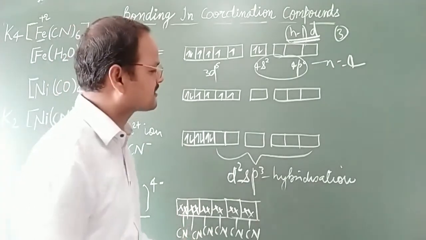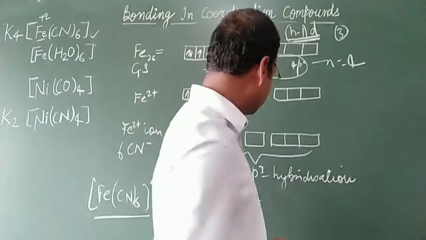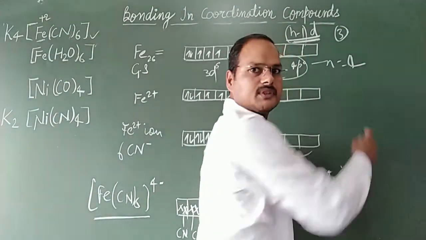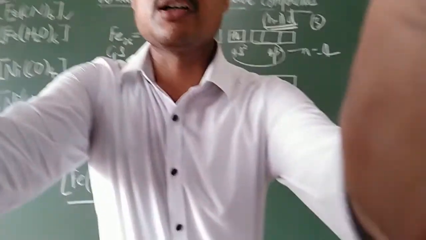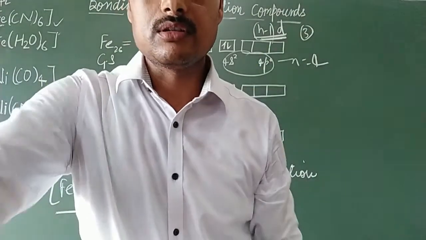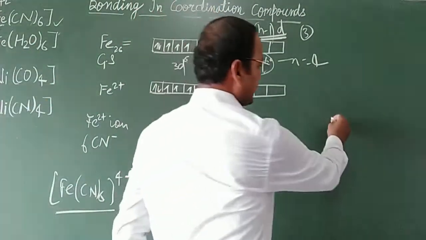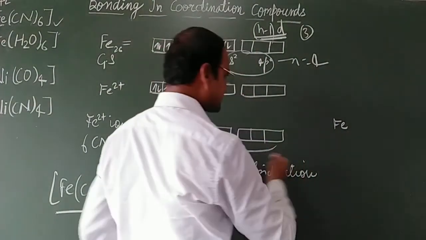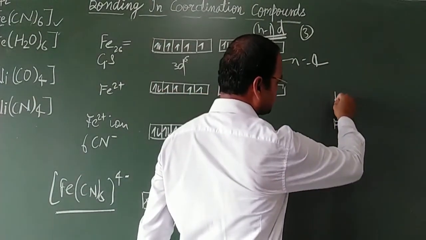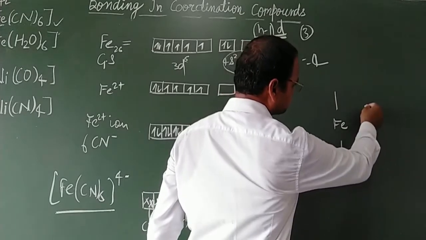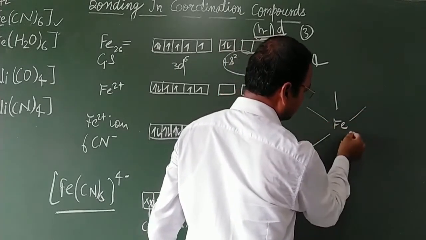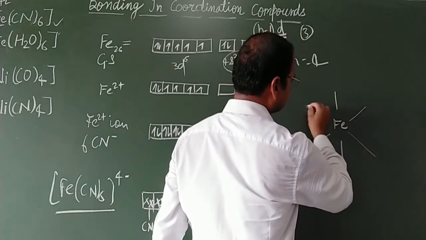In this way we can show the electronic structure. And the geometry of this molecule, I am writing here, see, the geometry of this molecule, Fe, is it visible or not? Let me know. Yes. Now, iron is the central element and there are 6 CN and octahedral geometry means we have to draw in this way. Octahedral geometry is written in this way.